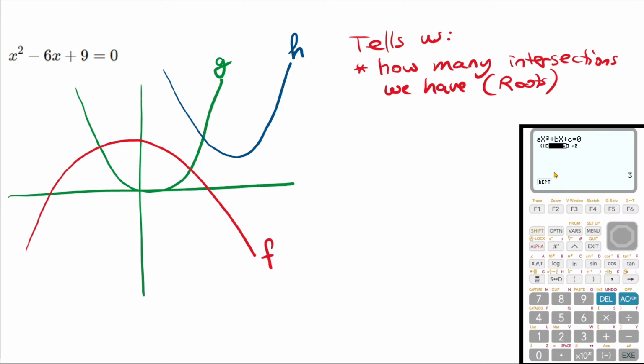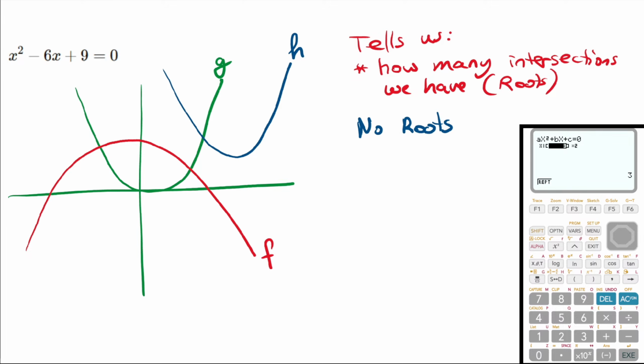So let's have a look at the 3 options that we have here. One option is the blue one. We have no roots. We do not actually go across the x-axis. We don't have intercepts. So what are the other options?